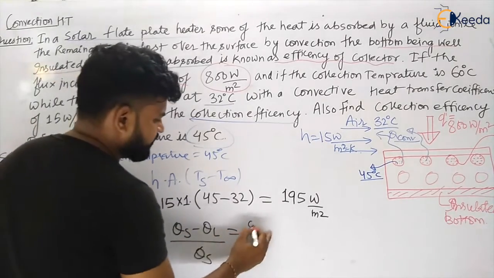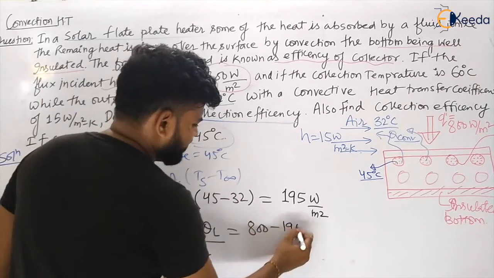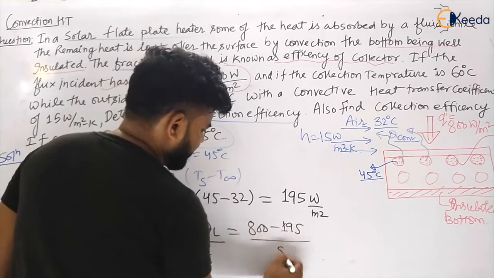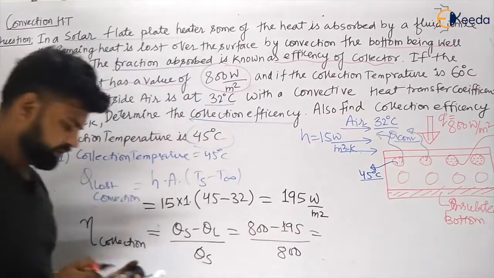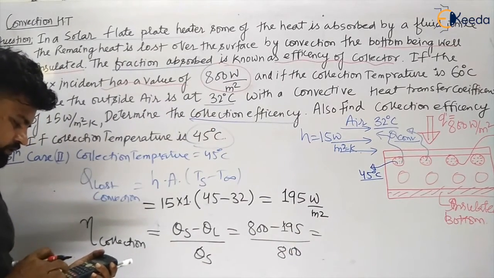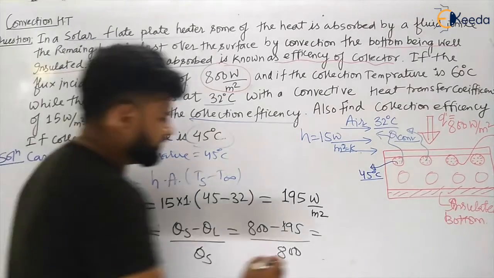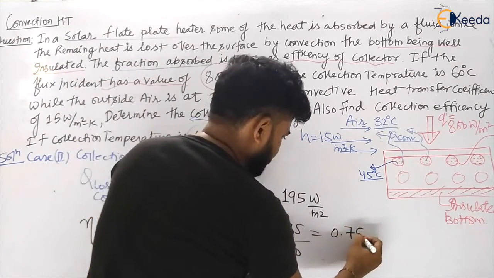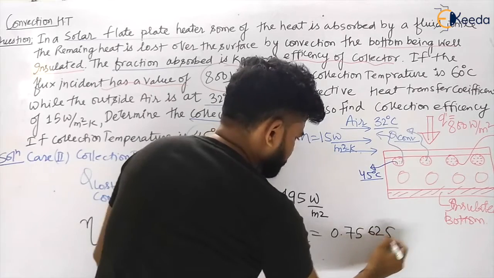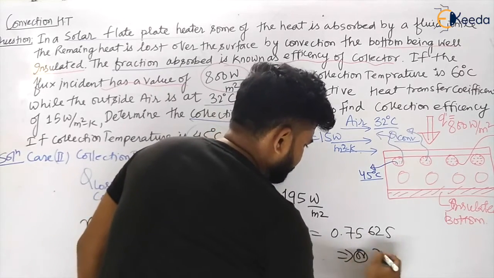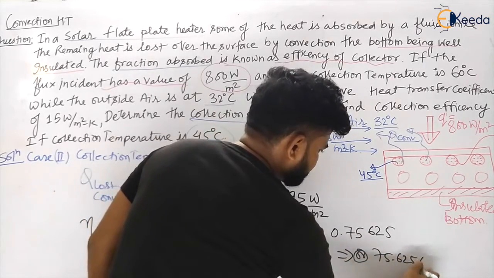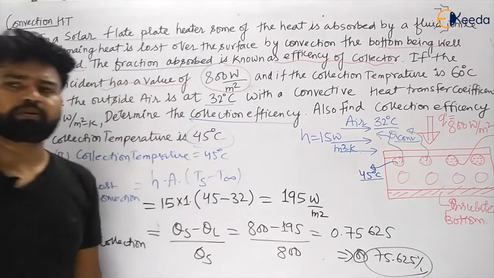So this will be 800 minus 195 divided by 800. So the collection efficiency will become 0.75625, or we can write it 75.625%.